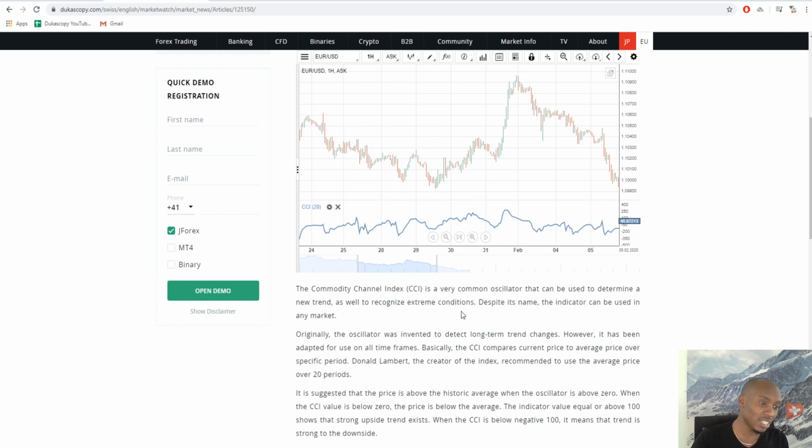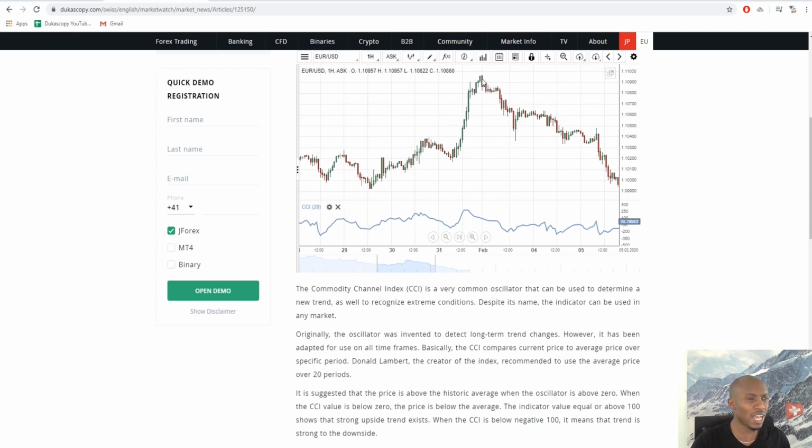Why this extreme condition you can see there? It is because the commodity channel index shows you, most times, when the stock or the currency pair you are looking at is in an extreme position, like when the price is extremely high, more than the average price in the market, like whoa, this price is just skyrocketing.